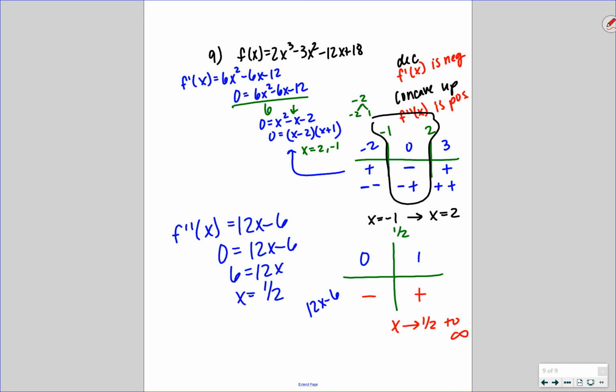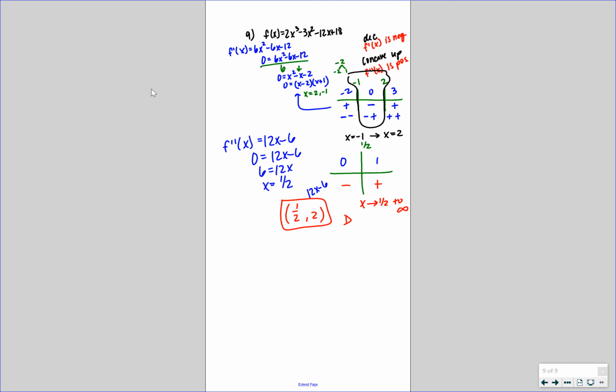So the only overlap between -1 and 2 and 1/2 to infinity is 1/2 to 2. And if you're not sure how to do that, draw yourself a number line. 1/2 to 2, this is D. Here's my number line. I'm decreasing from, here's 0, -1 to 2.